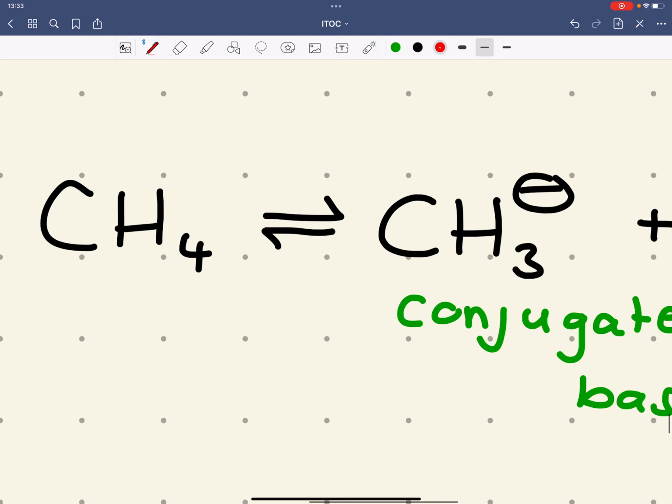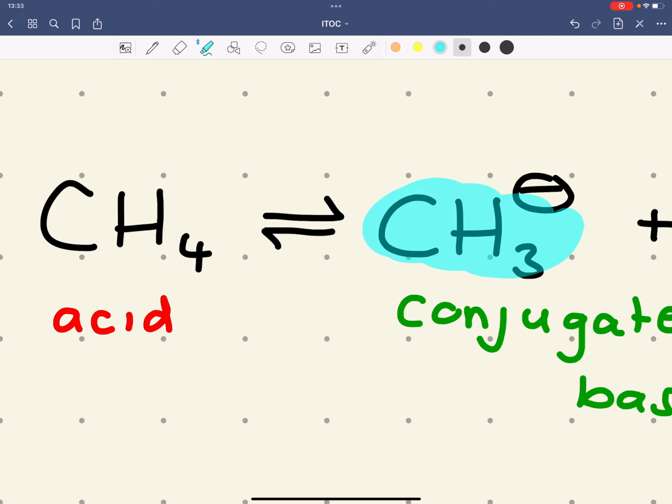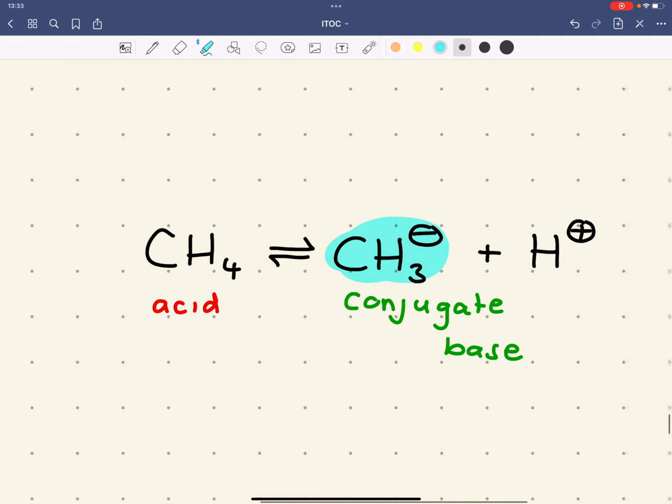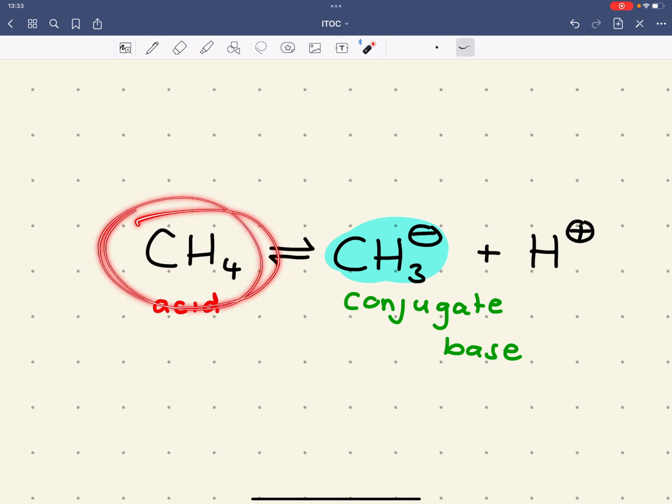This there is like my acid. This here has to be a weak base. It doesn't particularly want to gain this hydrogen. Conversely, this has to be an acid with a relatively low pKa.